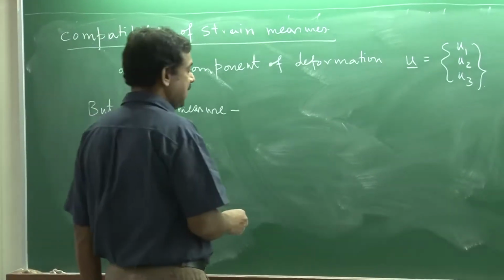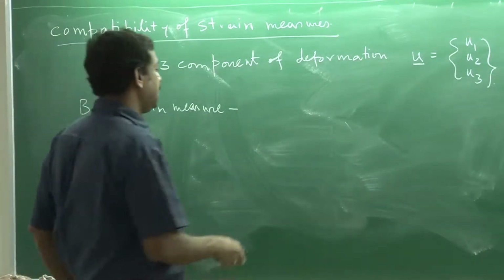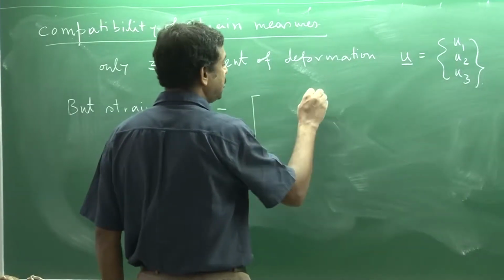Strain measures are, okay, if we consider symmetry, ideally it is 9, right.